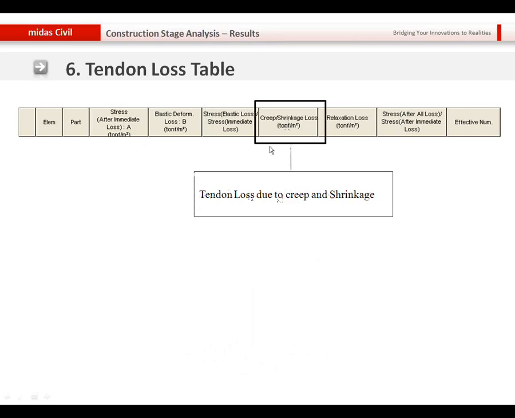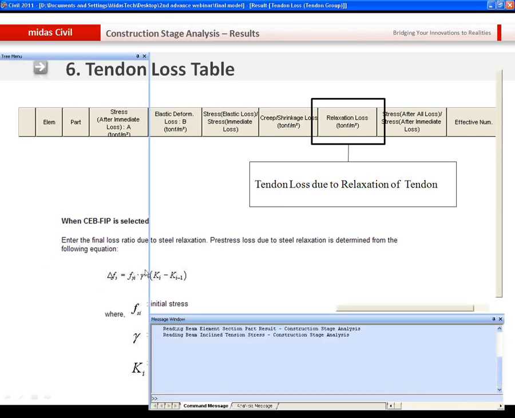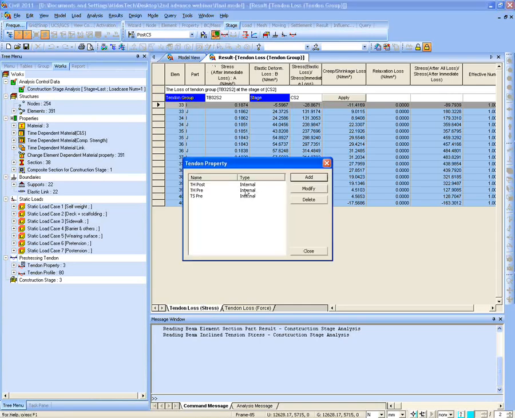The user can see the creep and shrinkage loss under the creep and shrinkage loss column. The user can see the relaxation loss. The relaxation loss in the CEB FIP code is determined by this formula. The user needs to enter the percentage of relaxation after a long period of time, and the initial stress is calculated after the instantaneous losses, and gamma is entered by the user while defining the tendon properties.